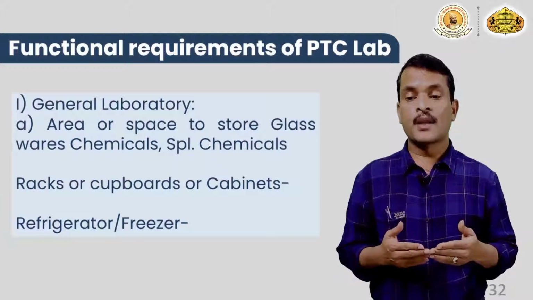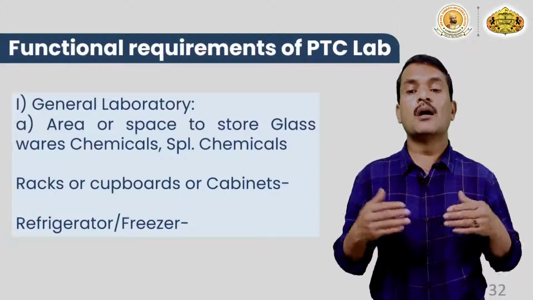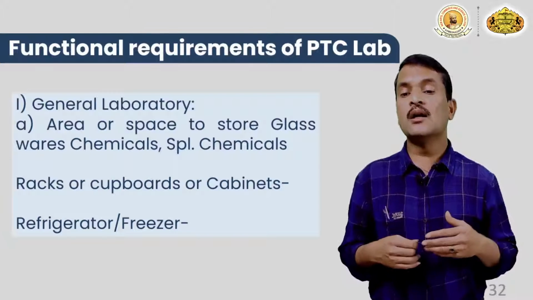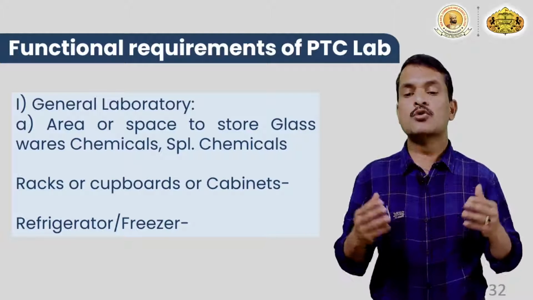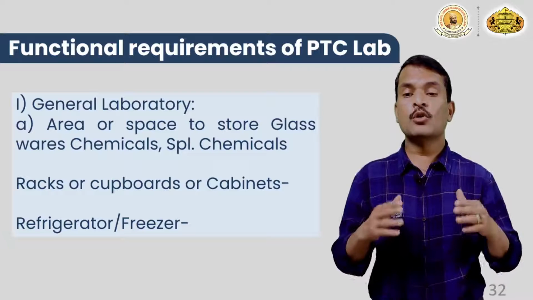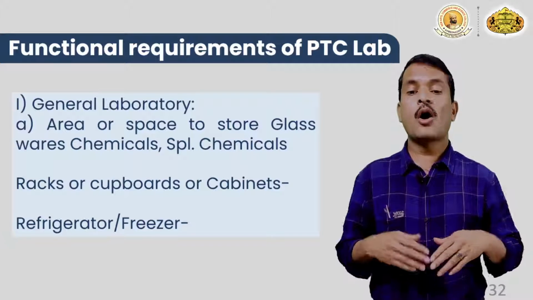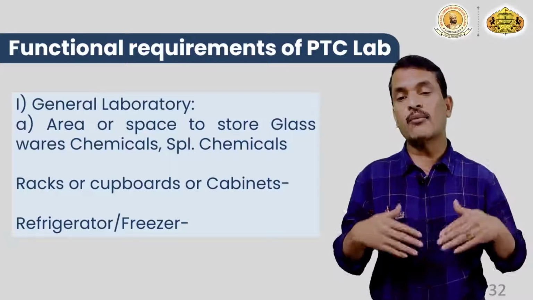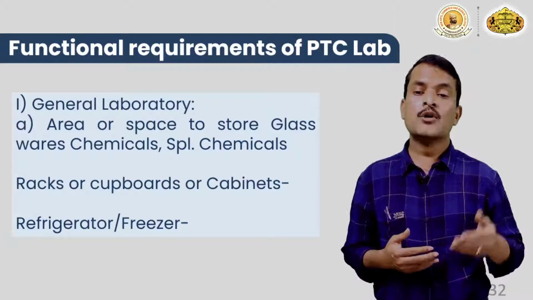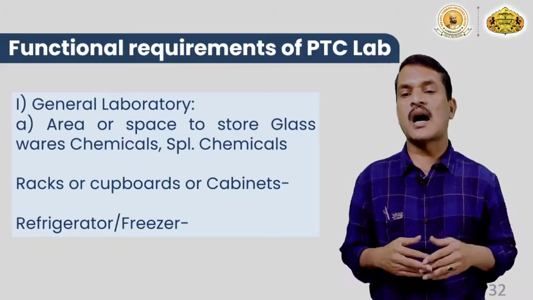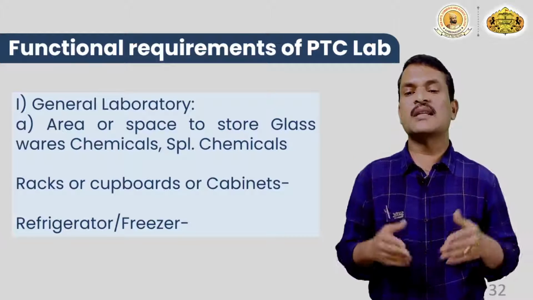We also need to store certain chemicals in low temperature conditions, so for that purpose we need a refrigerator or freezer. The different equipments required for plant tissue culture should be organized in this general laboratory. This area is particularly used for that purpose.